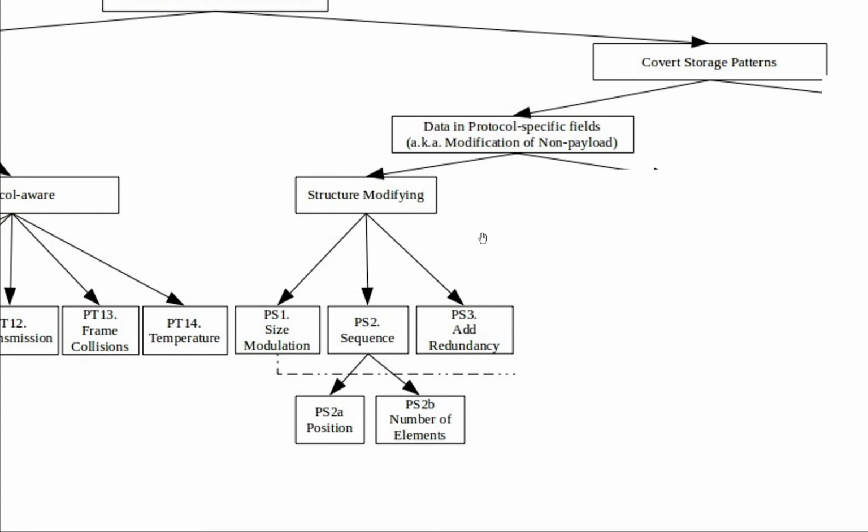Or the sequence, meaning if you have in your headers, for example in an HTTP request, sometimes you also list what browser you have, what screen resolution you have, what media you support.